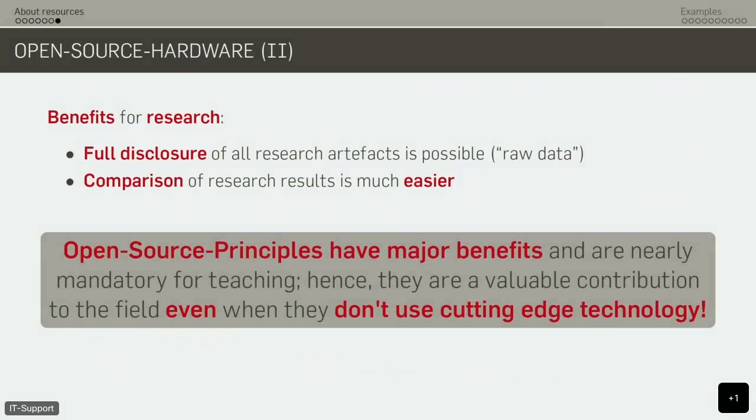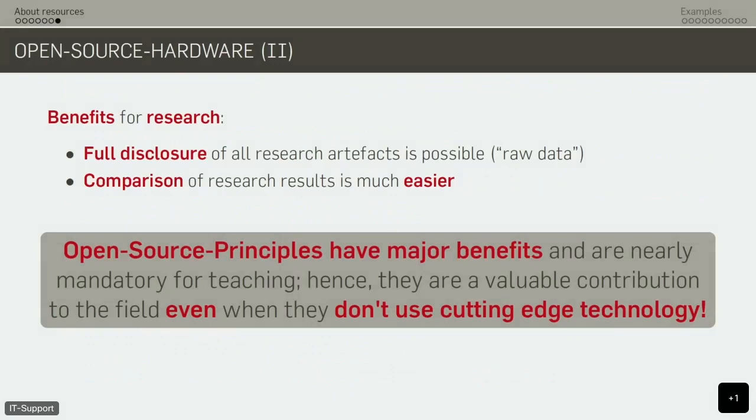And the benefit for research would be full disclosure. This is the reason I liked your talk very much, because you showed layouts and stuff like that, and I did not have to sign an NDA before.